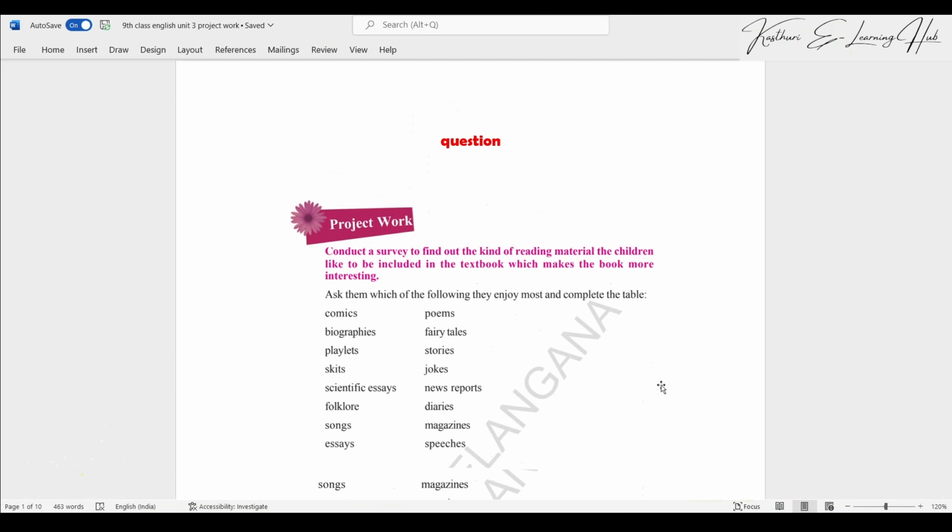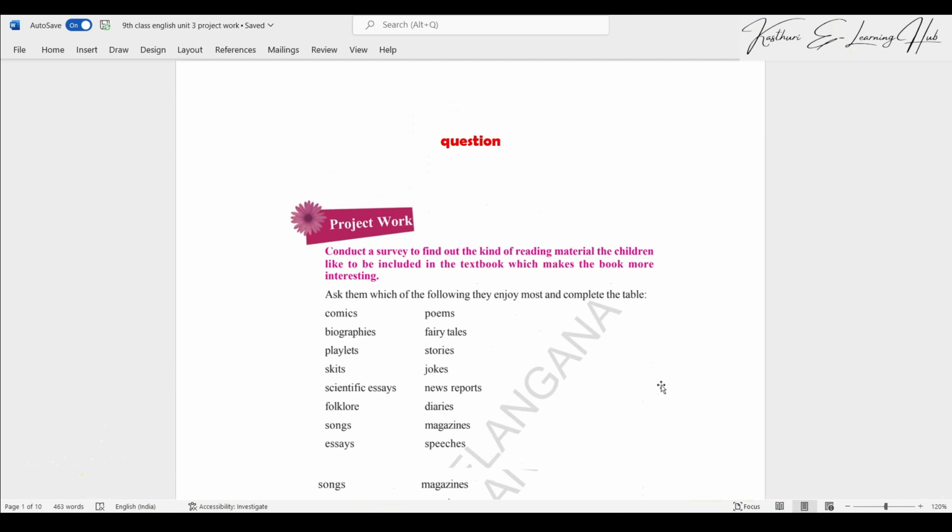Next is skit. A skit is also like a drama, but in a skit there is some value or message given, especially related to the present scenario in society. Scientific essays means essays based on scientific concepts.